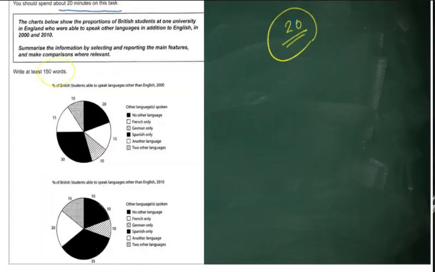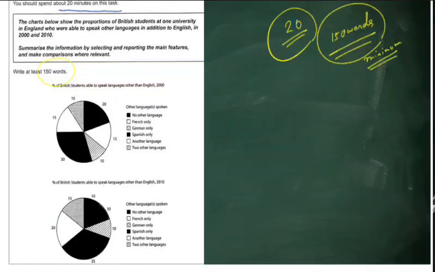Of course, there's no maximum word limit as such, but a minimum word limit of 150 words. Okay, now 20 minutes for the time and 150 words for the minimum word limit.